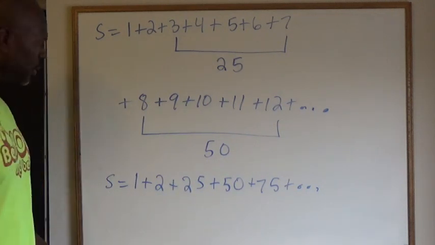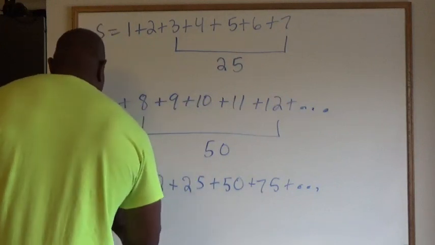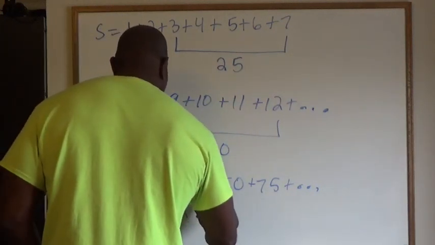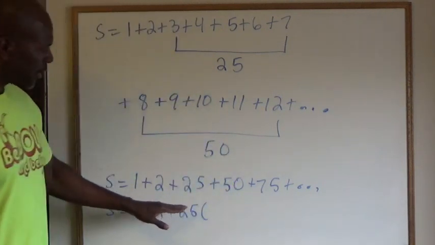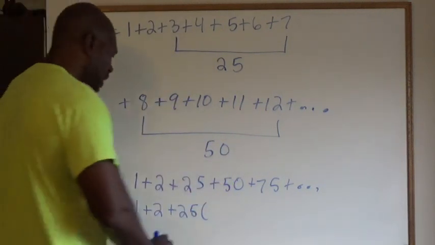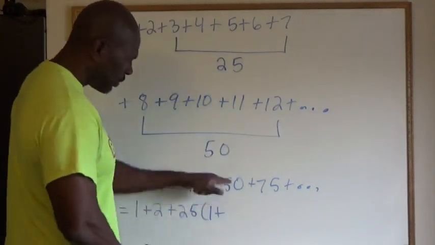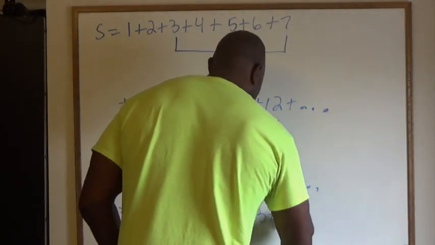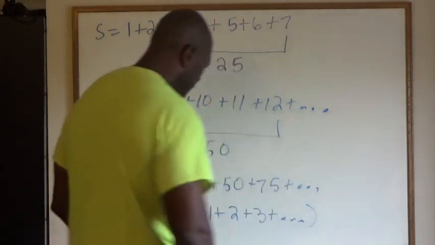So we can factor out 25. So S is 1 plus 2 plus 25 times, I'm factoring out 25, 25 from 25 is 1, 25 from 50 is 2, from 75 is 3, from 100 is 4.